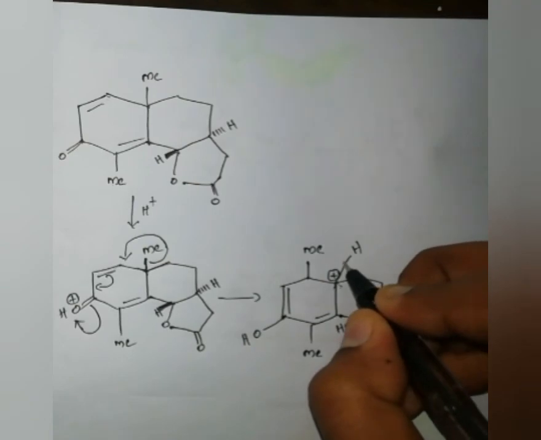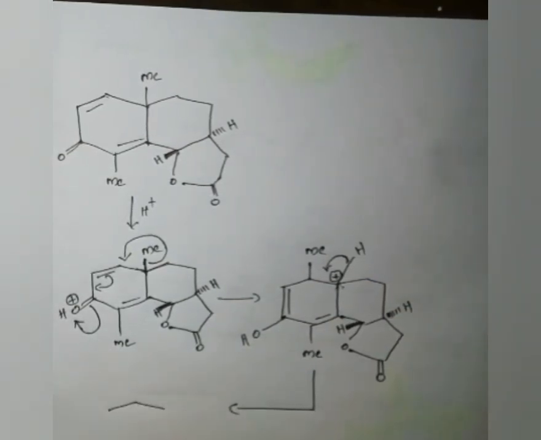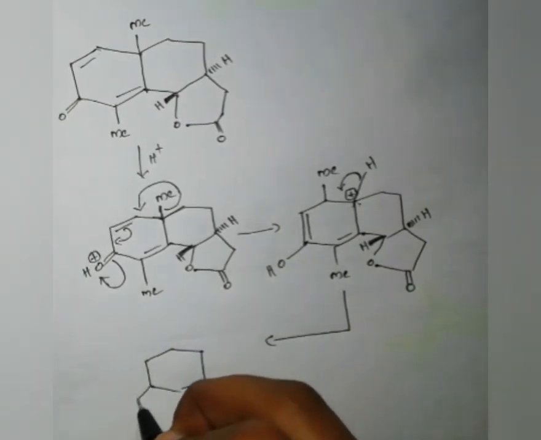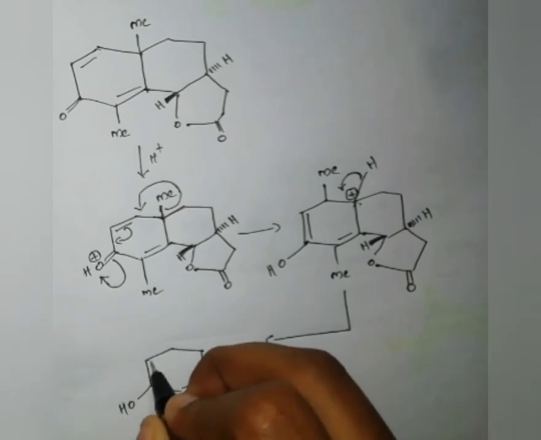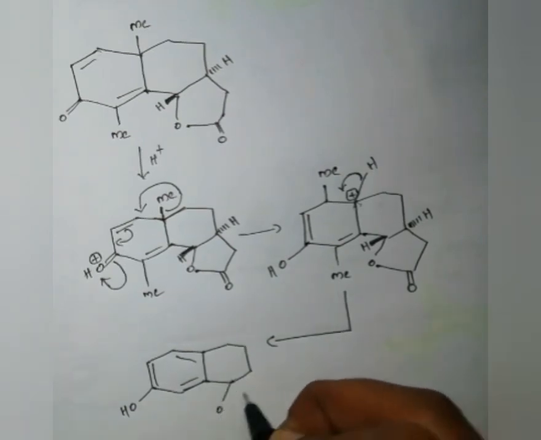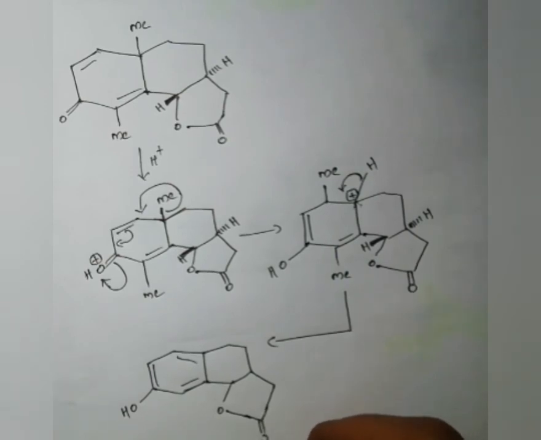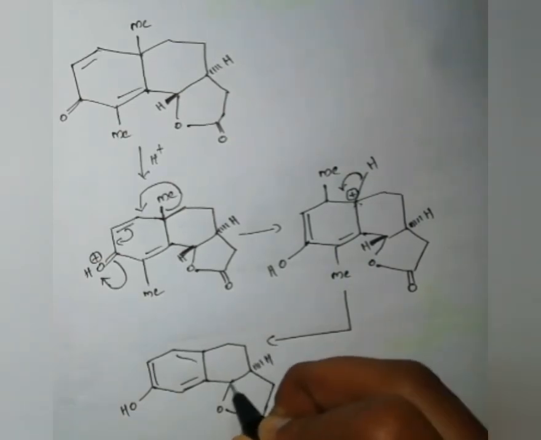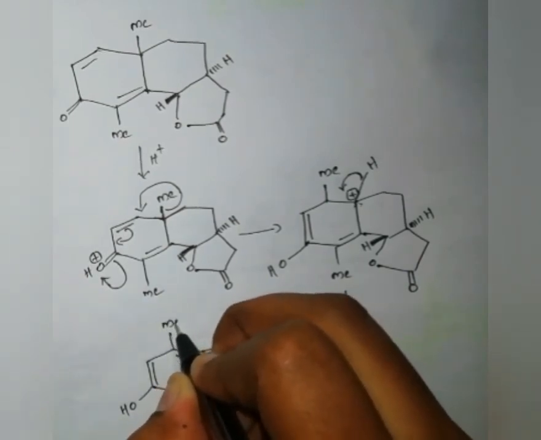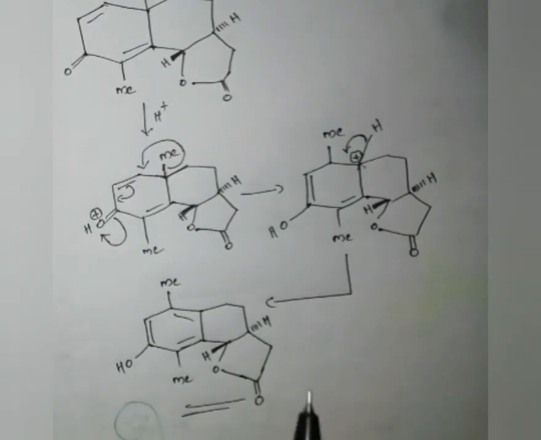Here, in the presence of one hydrogen, this bond gets shifted to this, and the product becomes, okay. So this is the product formed in this reaction.